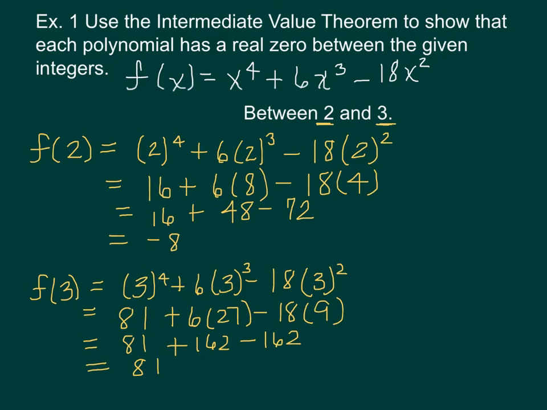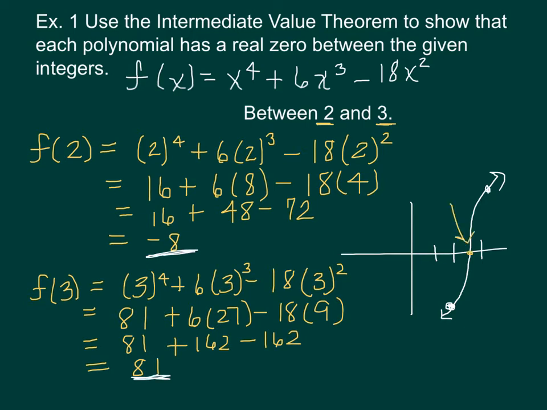So if you were looking at a graph, we have (2, -8) and (3, 81). So because those y values, one's positive and one's negative, then you've shown that there is a 0 between them. And that's all you have to do because we're not finding it.